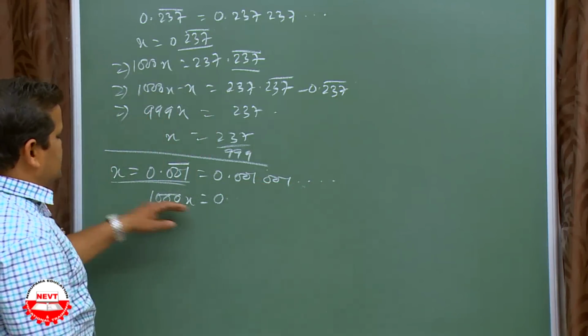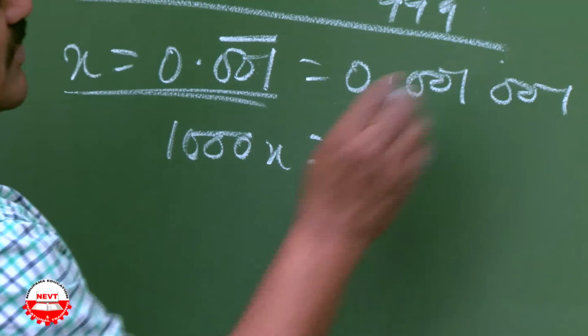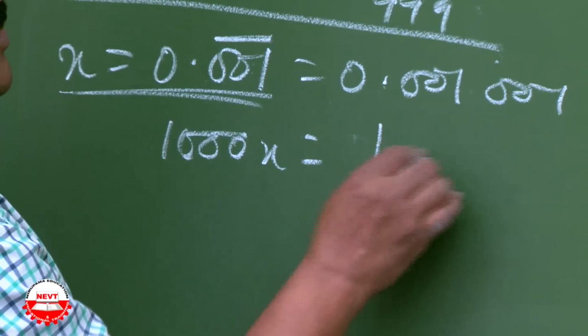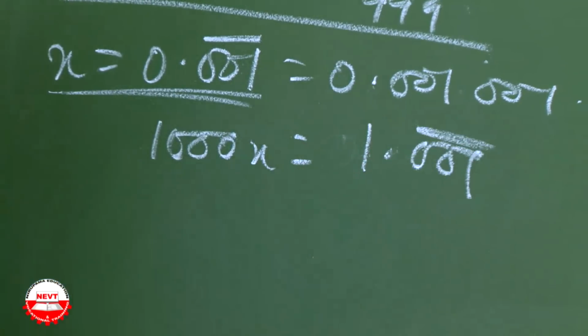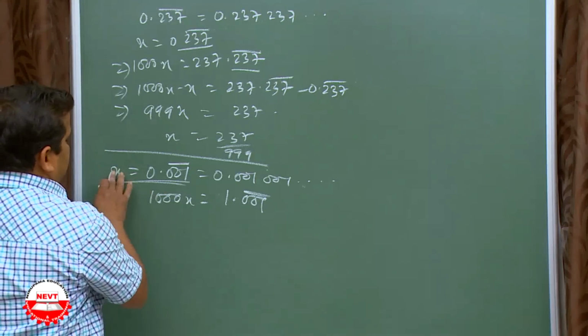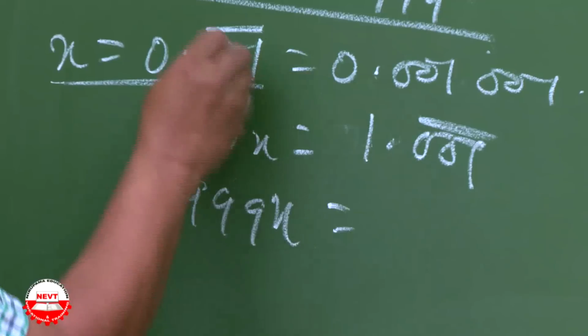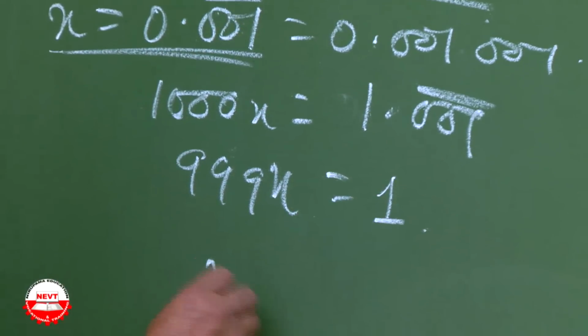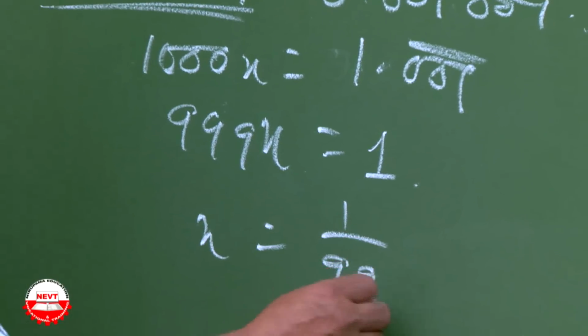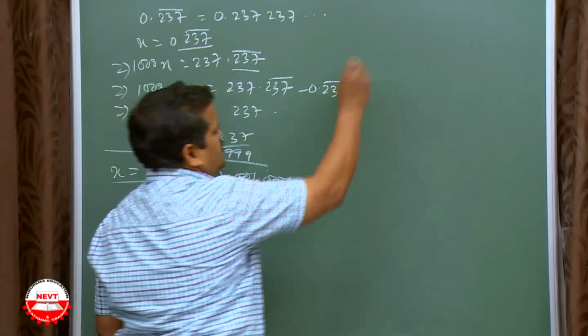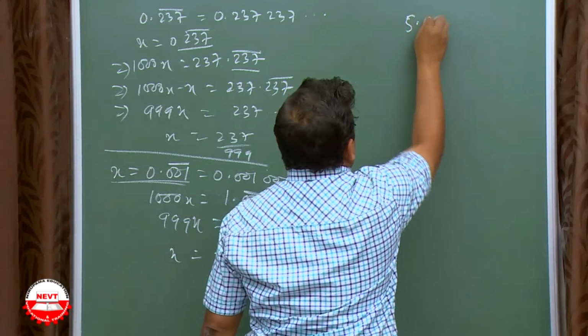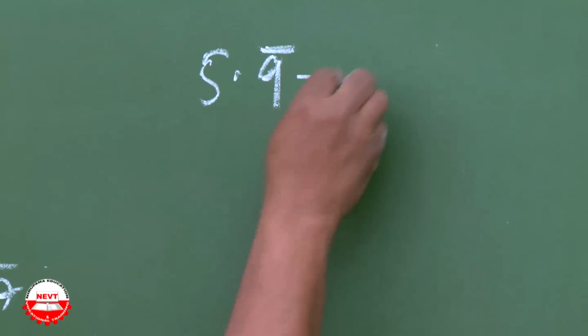So it will be 1.001 bar. Now 1000x minus x, that means 999x is equal to this minus this, which is 1, so x is equal to 1 by 999.